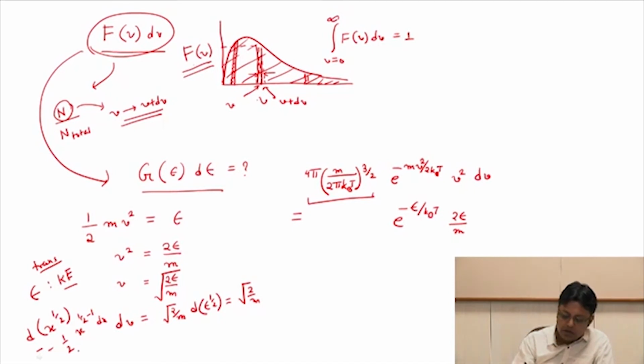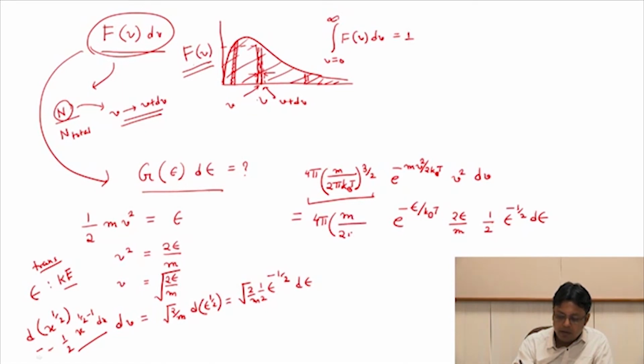So you'll get epsilon to the power minus half, and there's a half factor here, and d epsilon. So let us just put it here. It will be half epsilon to the power minus half d epsilon, and in the front you have 4 pi into m by 2 pi kBT.